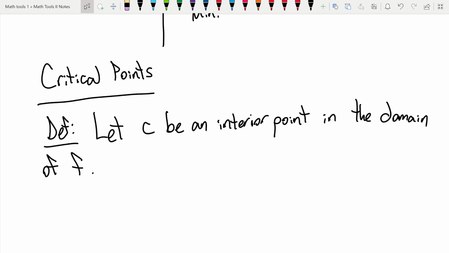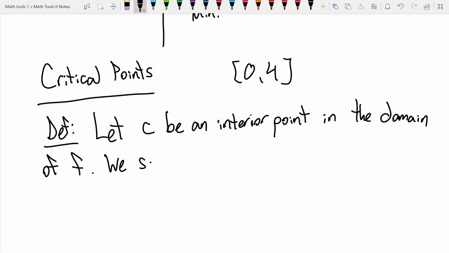It means that it is solidly inside the domain of F. So this just means that it's not one of the endpoints. If the domain is like 0 to 4, then it's any point between 0 and 4, except for 0 and 4, right? So let C be an interior point in the domain of F.